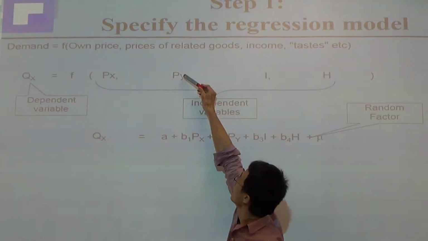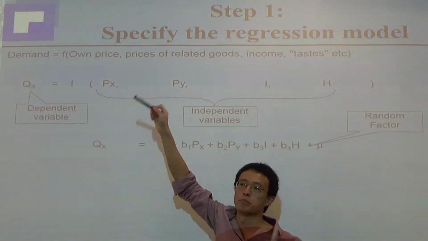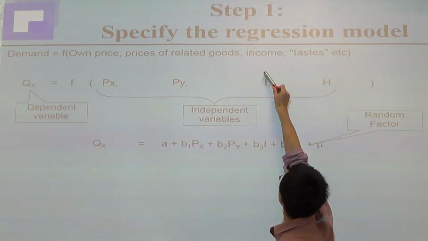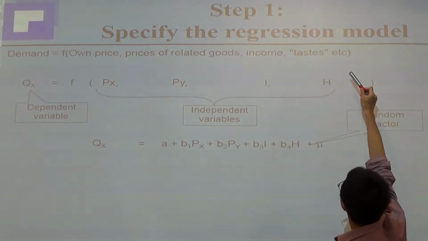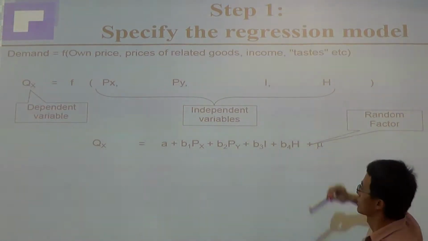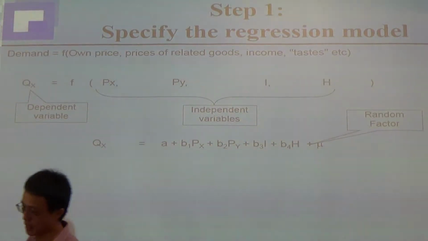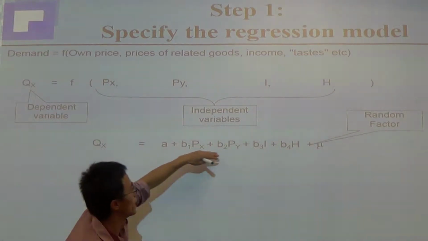Here's the price of Y, another good, maybe the price of beef. Chicken and beef are substitutes for each other. And income. And there could be other things. So that's a general functional form. So you can further specify it in a linear way.